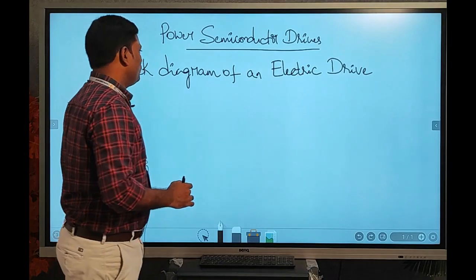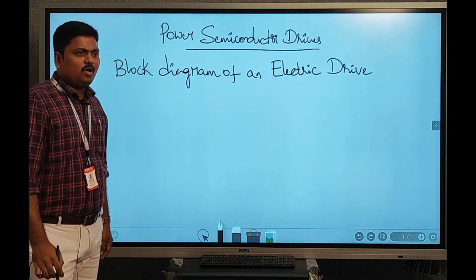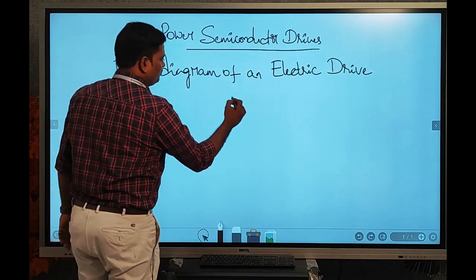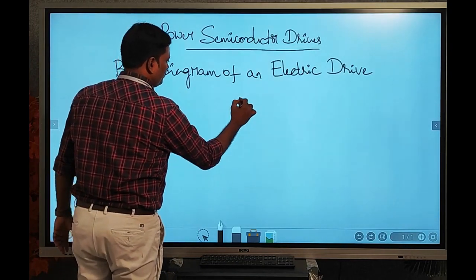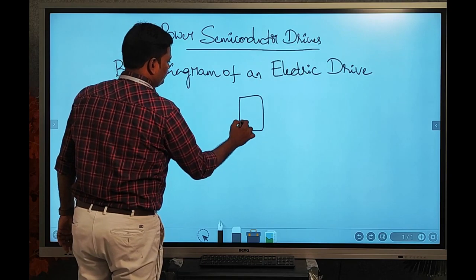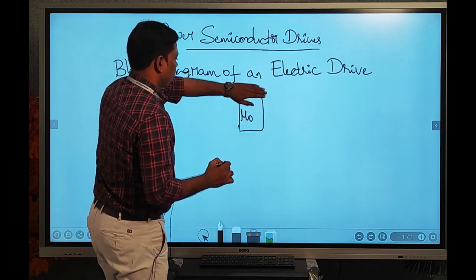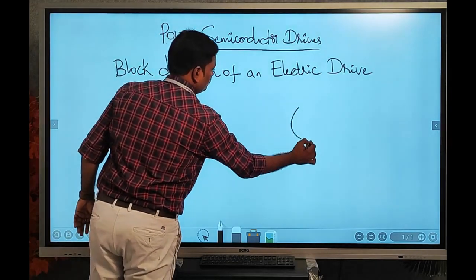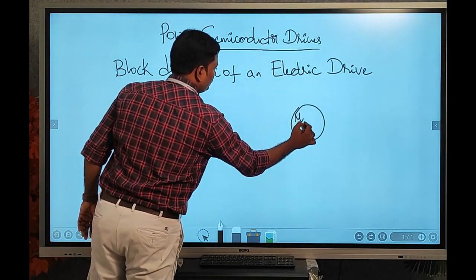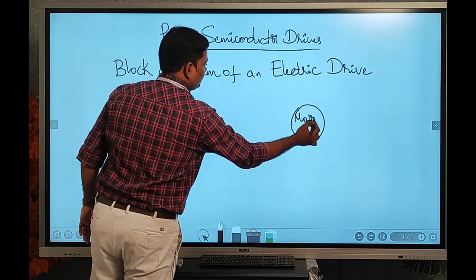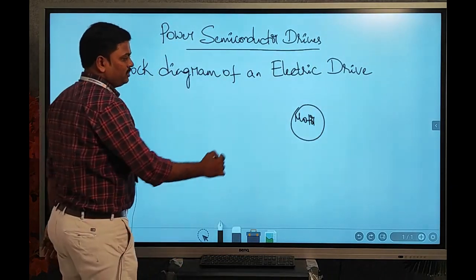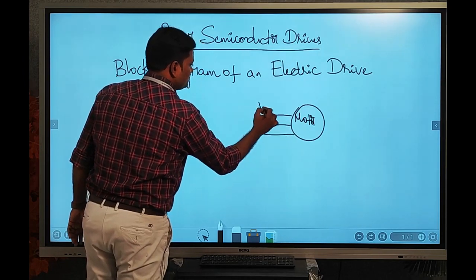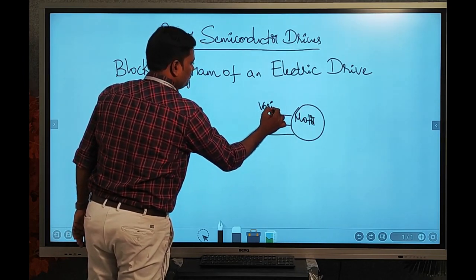Let us see the block diagram of an electric drive, how an electric drive actually looks. So we do have a motor over here. Let us take an AC motor that needs variable three-phase AC.